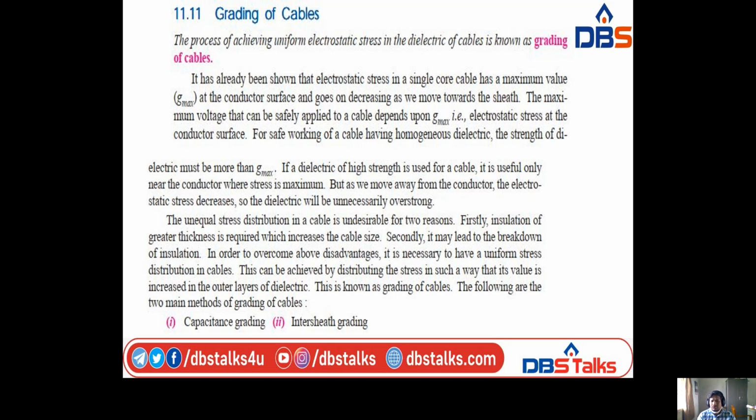It has already been shown that electric stress in a single core cable has its maximum value at the conductor surface and goes on decreasing as we move towards the sheath. The maximum voltage that can be safely applied to the cable depends upon G maximum.